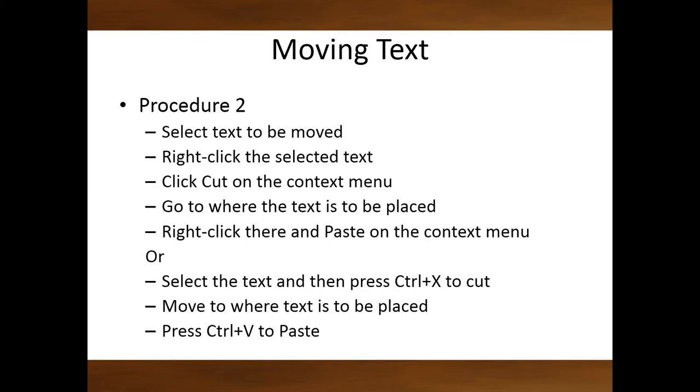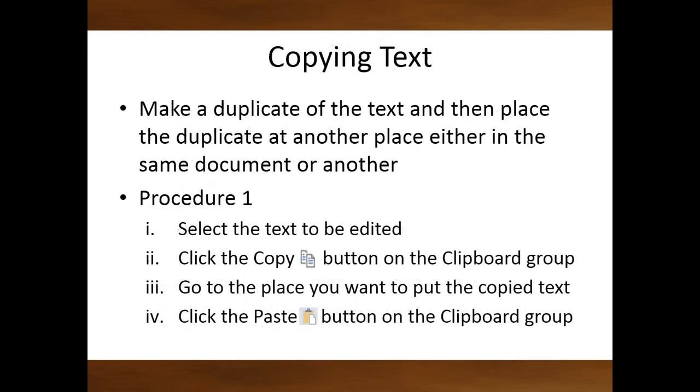We are done with how we move text from one place to another. Let us look at how we copy text. In copying text, we make a duplicate of the text and then place the duplicate at another place, either in the same document or in another document.